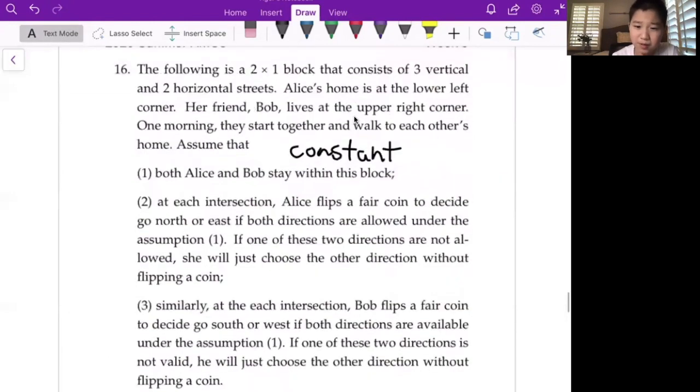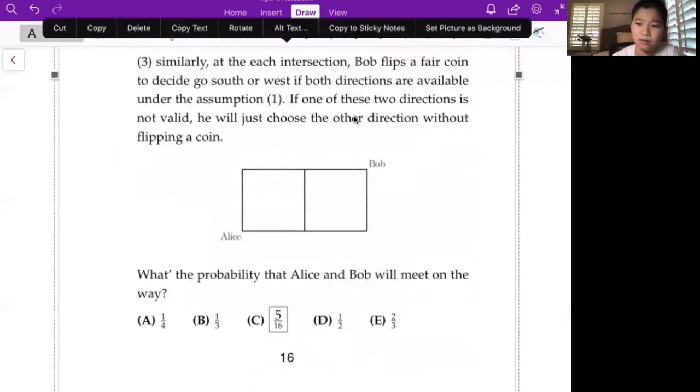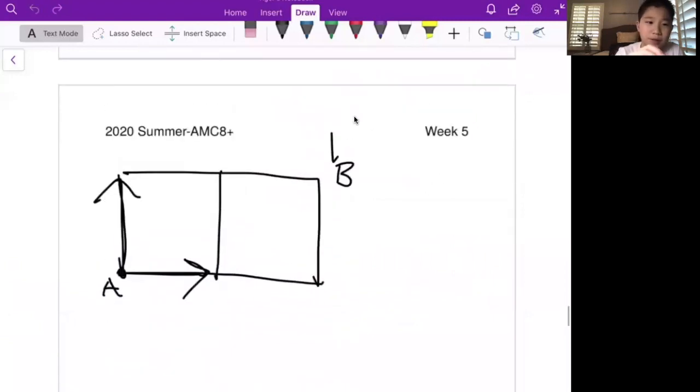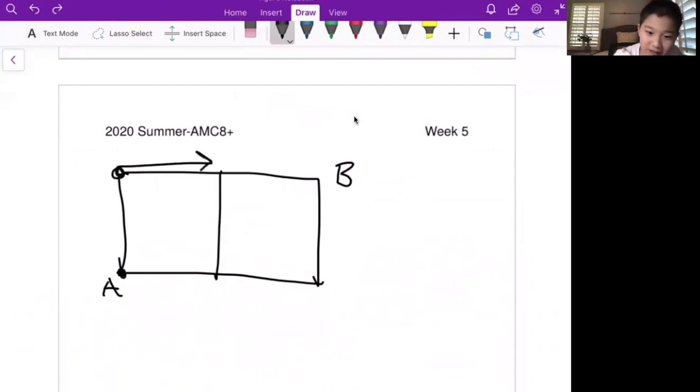Was that what the problem says? Yeah. Okay. And then if she doesn't have a choice on where to go, if she's right there, she has to go east, then yeah, she just won't flip a coin.